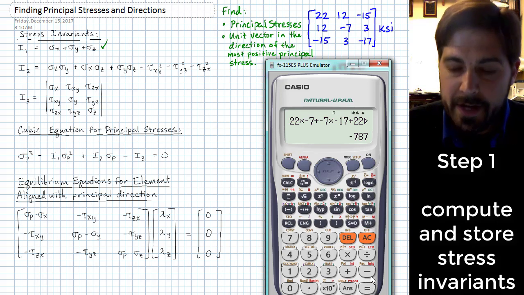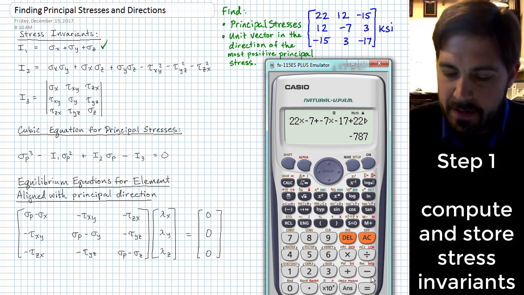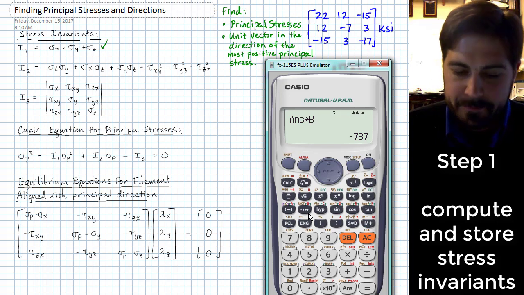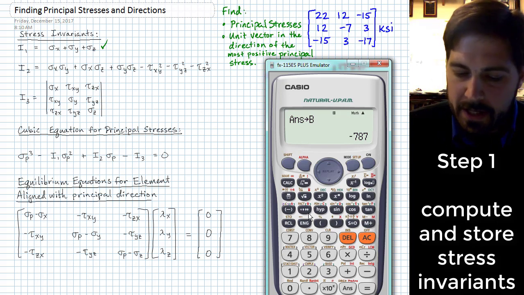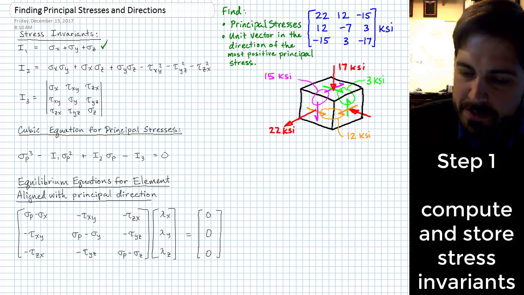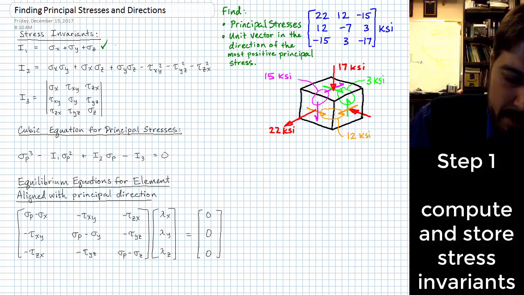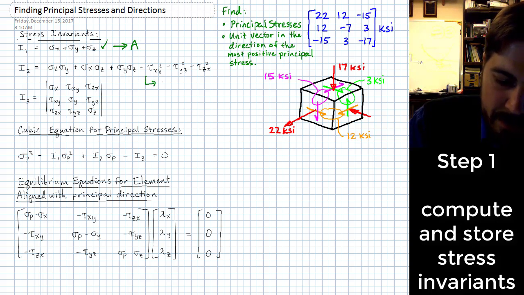That gives me negative 787, and I'm going to store that into variable B. So far I've stored the first invariant into variable A, and this one into variable B.